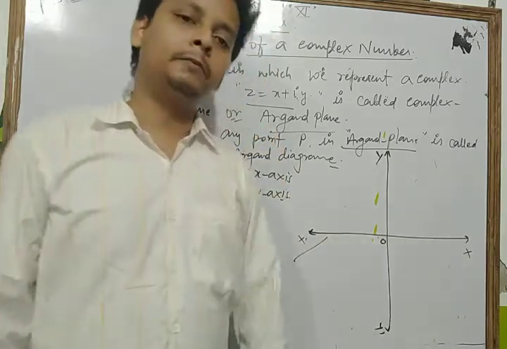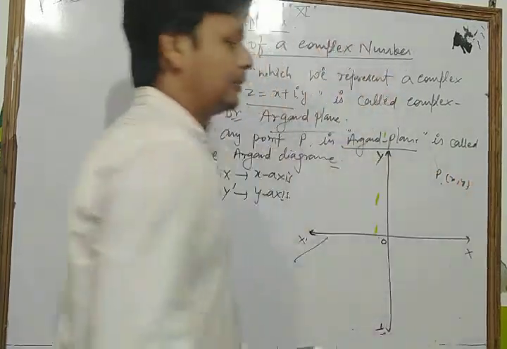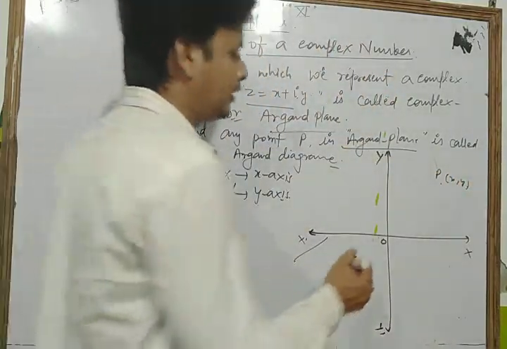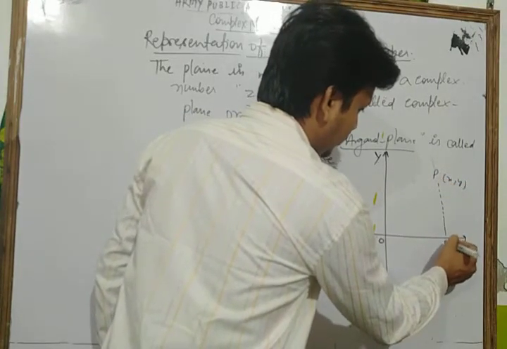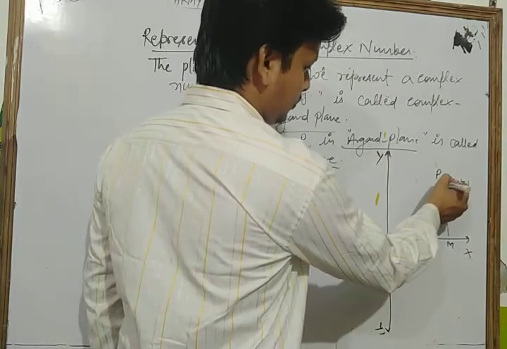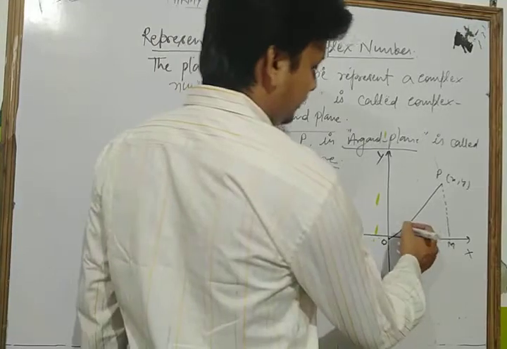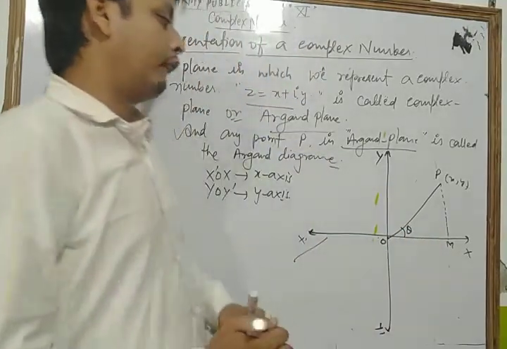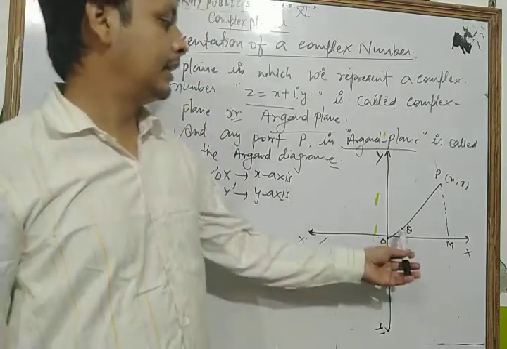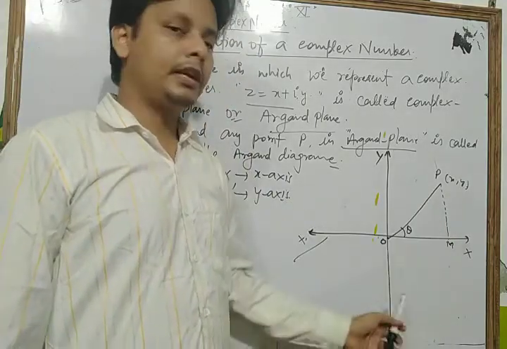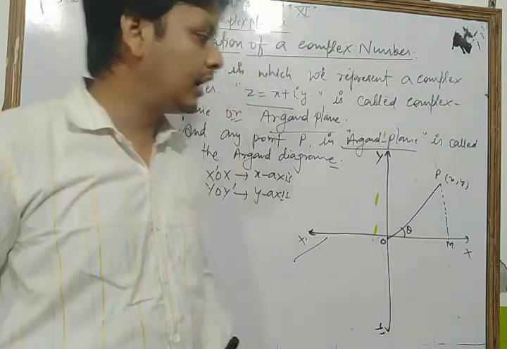In that plane let us consider a point P as (x, y), and we draw PM perpendicular to OX and join OP. Let us consider the line OP makes an angle theta with the positive direction of the x axis.